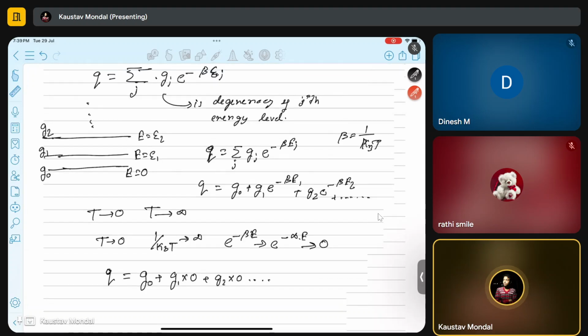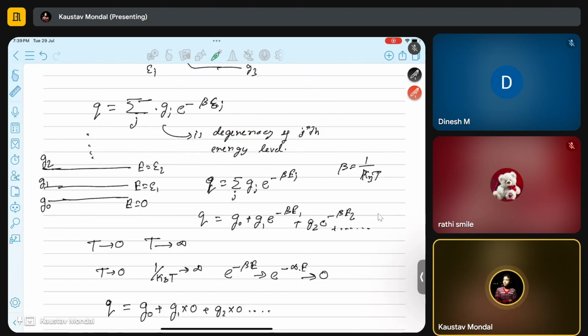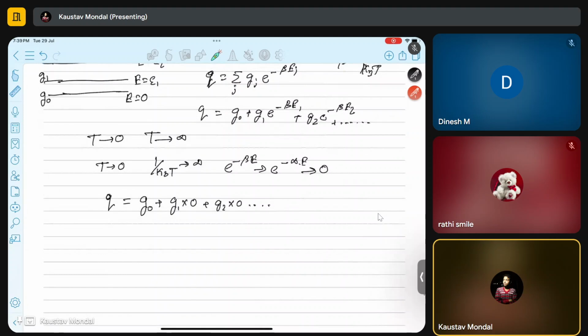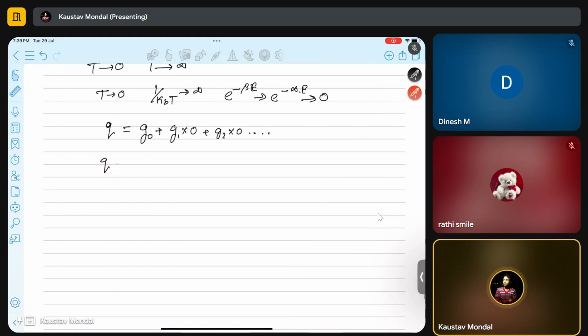All these exponential terms in the partition function at the T tends to 0 limit tend to 0. So the partition function would be simply equal to the degeneracy of the ground state, at T tends to 0.